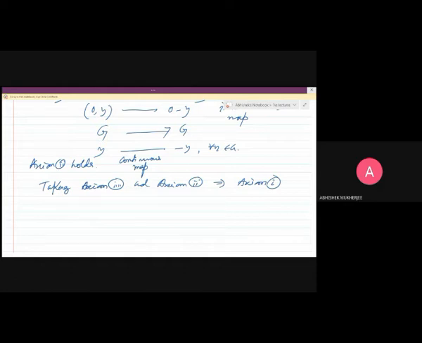And now what about the converse part? It is obvious that if axiom 1 and 2 are satisfied by the topology induced on G plus, then it will satisfy axiom 3, obviously. And obviously, axiom 1 and 2 both will imply axiom 3.